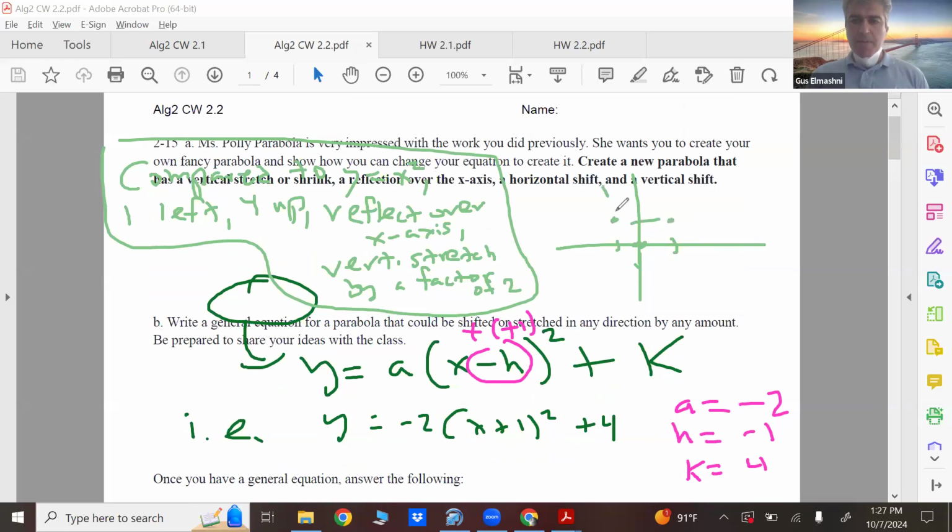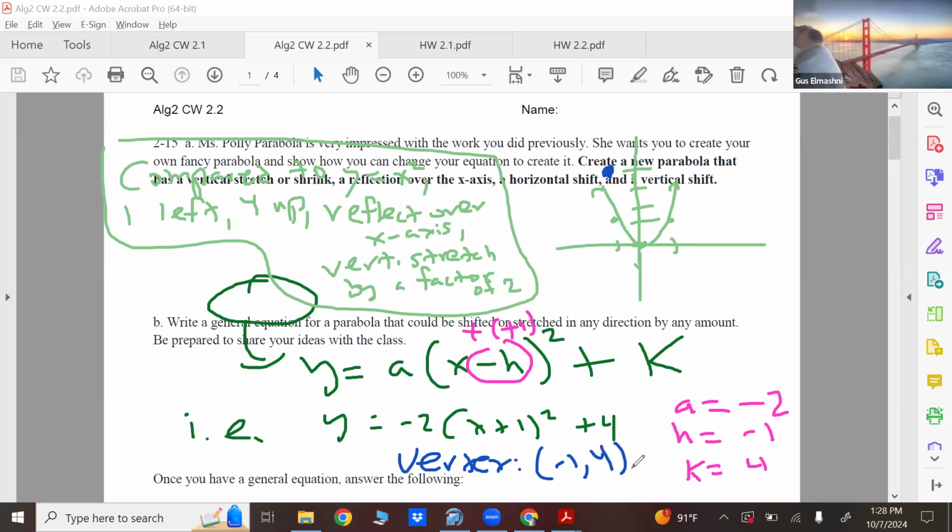Plug in 0, I get 0. Where's my vertex now? If I've gone 1 left and 4 up, where's my vertex now? -1, comma, 4. Good. So it's got to be right here. My new vertex changed, hence transformed, right?